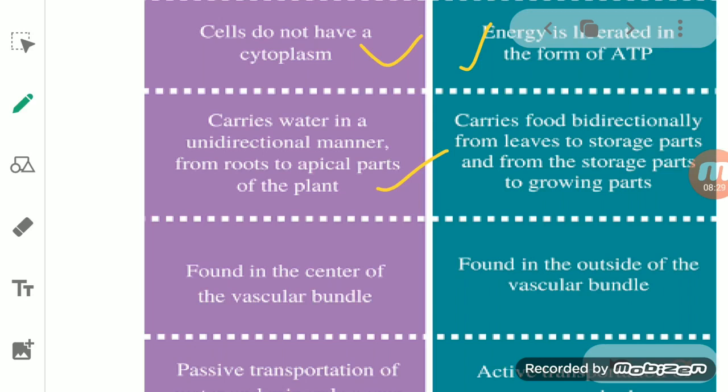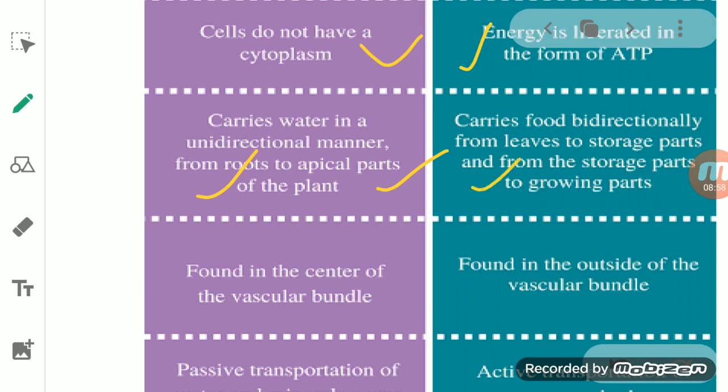That is, the water is taken up by the root, and the root transfers this water to the leaves. So it is a movement which occurs only in one direction, and that is why we call it unidirectional transportation.